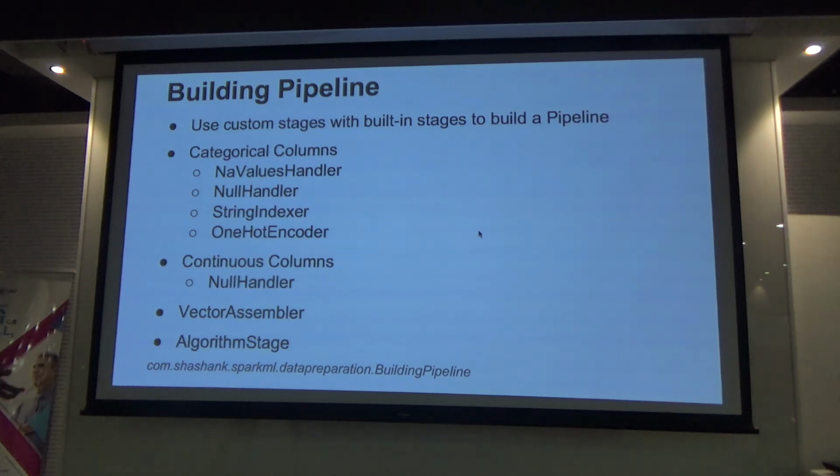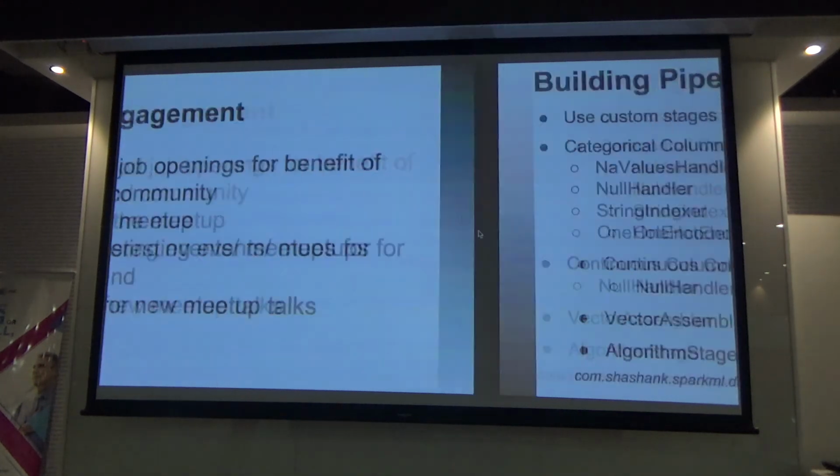That will not have a numerical continuous effect on the actual data, because this has nothing to do with a continuous number. The indexes were assigned by string indexer. If we directly use them, the continuous values will have an effect on the actual training. Then we have a vector assembler where we combine all the features we think are needed, and then the algorithm stage. The algorithm stage specifies the algorithm and gives all these inputs to the algorithm. So we'll go to this example of building a pipeline.